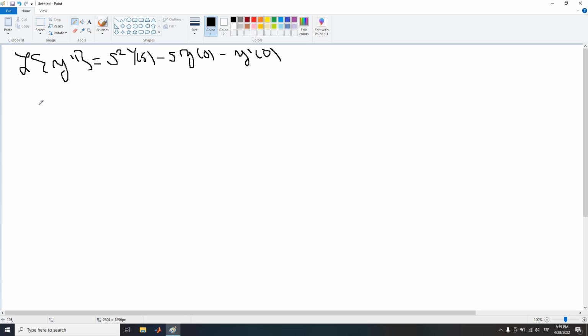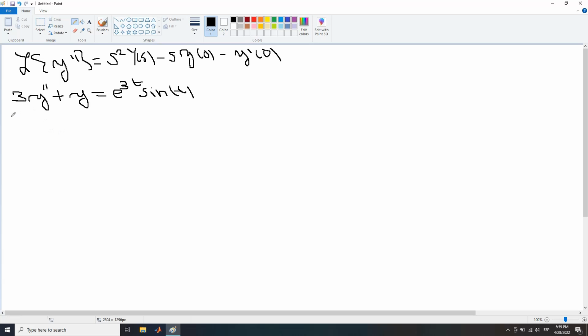So let's do an example. For example, 3 times the second derivative of y plus y is equal to e to the power of 3t times sine of t.